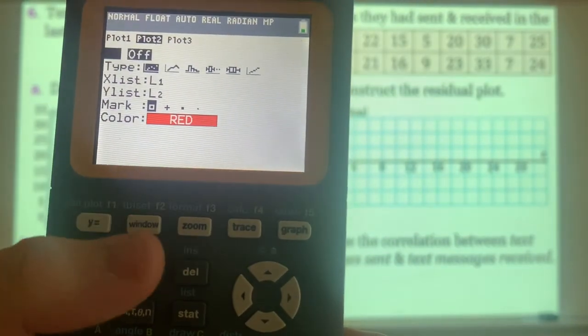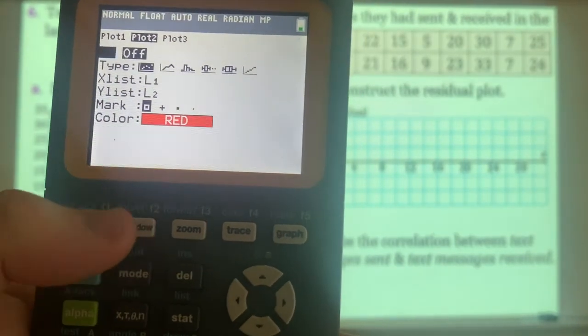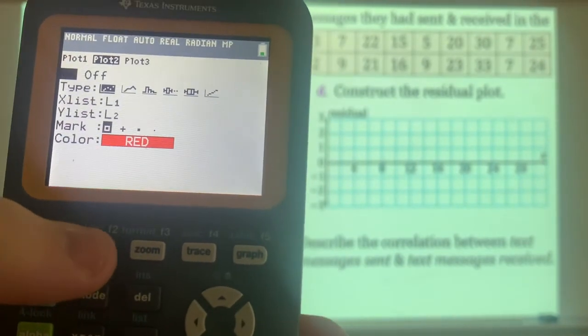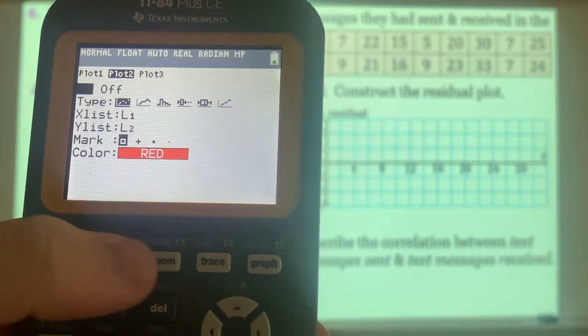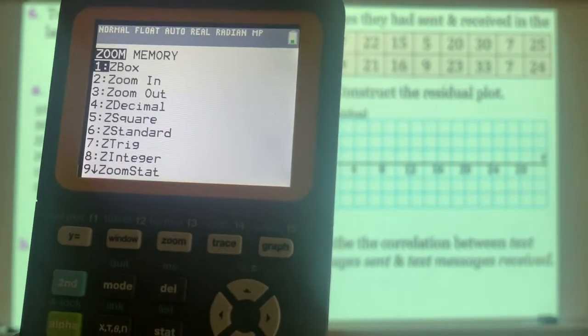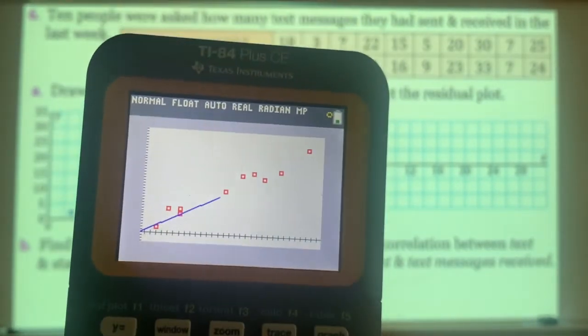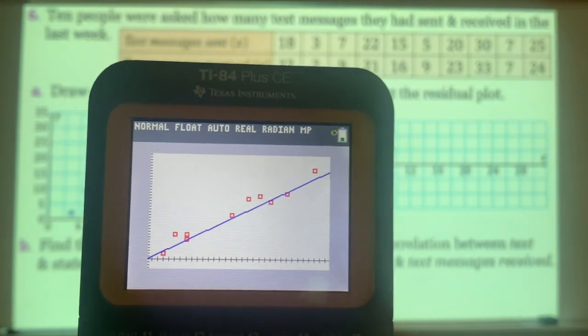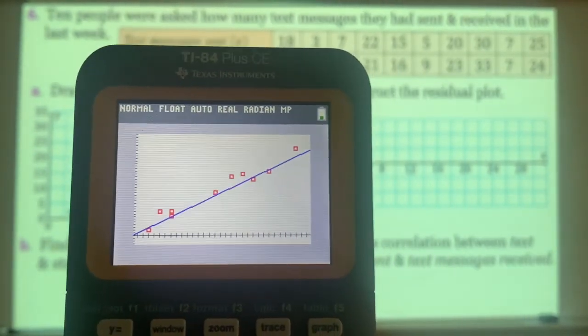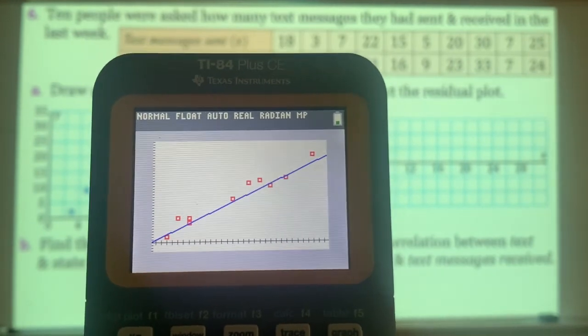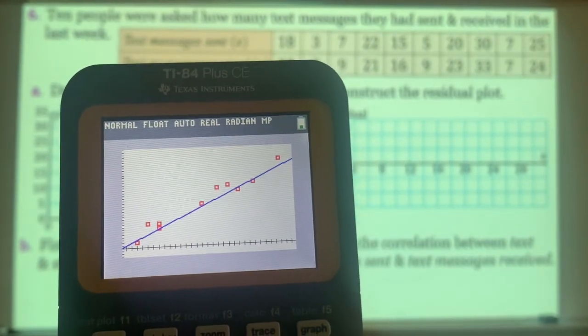We'll just use a different plot, and we'll turn that one on. So now when we plot this one, same thing, but then we can always go back to the resid. We type zoom, we type 9, and then those are the points we have, and you can see a regression line going through those points. Okay? So we have our regression line, we have our points, and that looks pretty good.